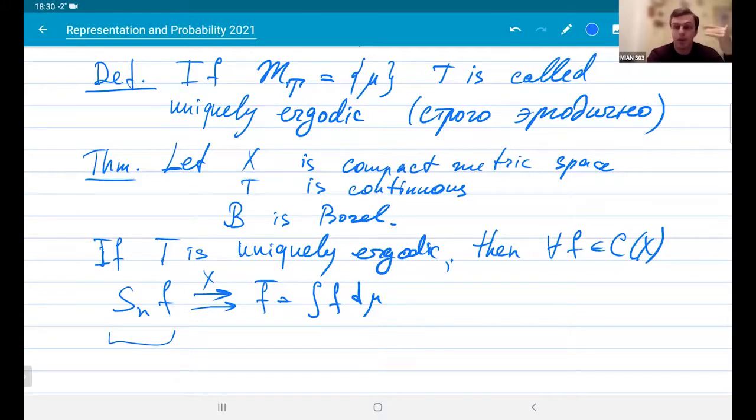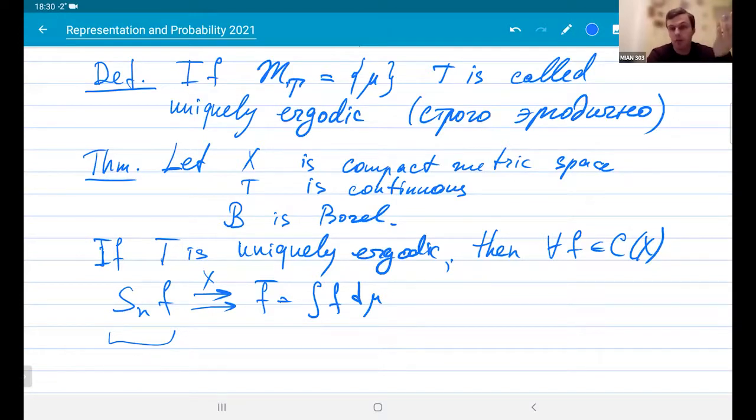Finally, when you take a diagonal, you have convergence for a countable dense set of continuous functions, and so we have a limit which corresponds to some invariant measure. And here you use Riesz's theorem that any nice functional on the set of continuous functions corresponds to a measure, and you see that this measure is invariant.